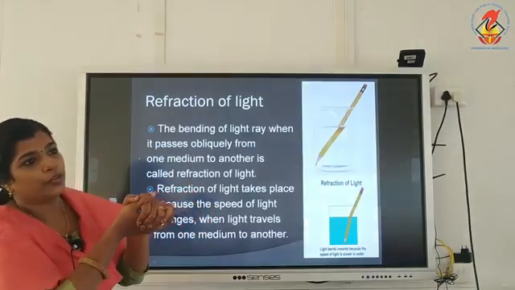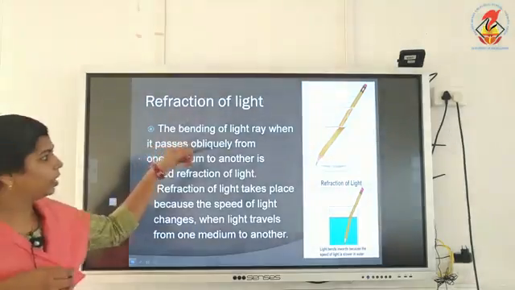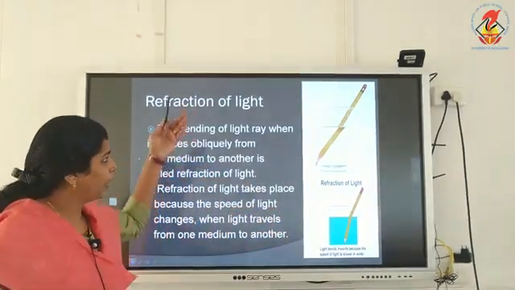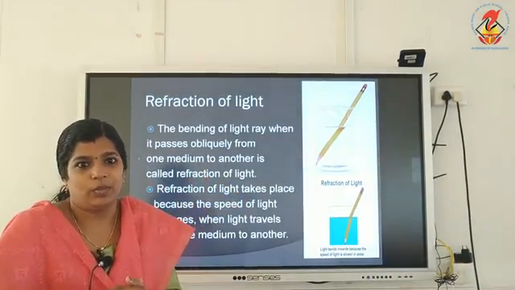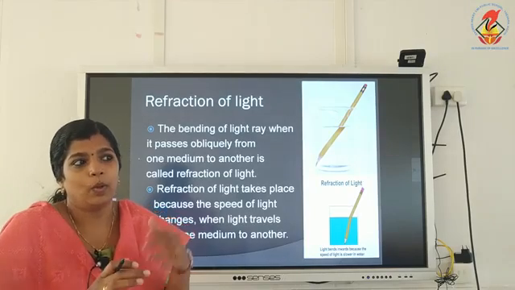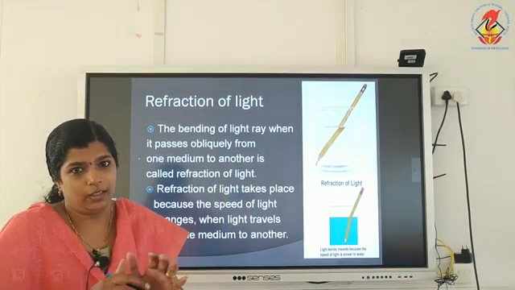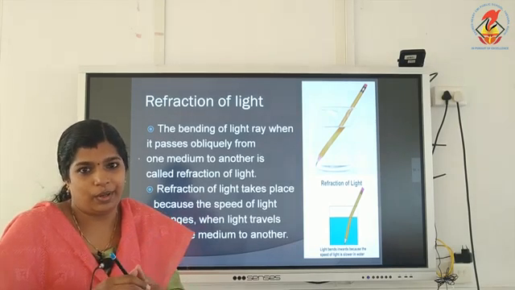The reason for refraction of light is that when light enters from one medium to another, suppose it travels from air to glass, the speed of the light will change. That is the reason for the bending of the light ray.